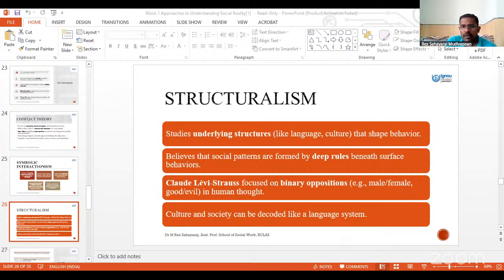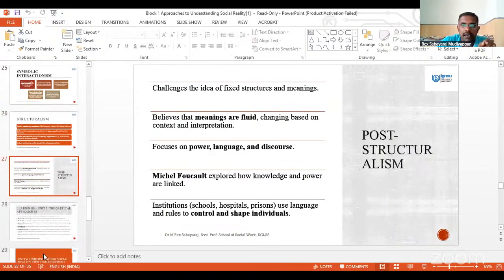Okay, so it is a very important aspect to be studied. So understanding the reality, understanding society is very important through the eyes of the theories, right?